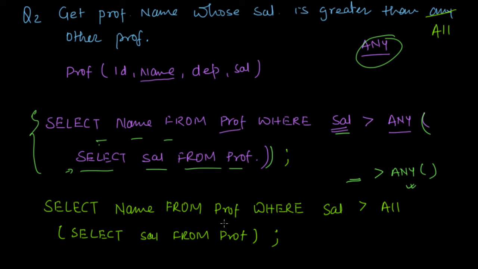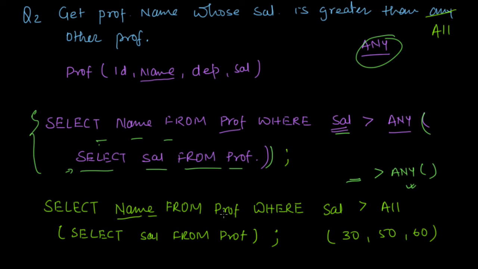So it will return the name of the professor which has the maximum salary, right? Now, basically we have a very simple twist here. Consider that in this set we have three values, that is 30, 50 and 60.